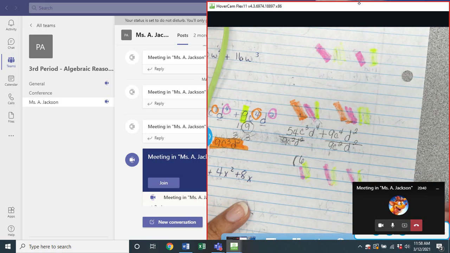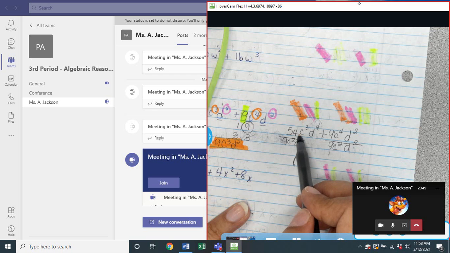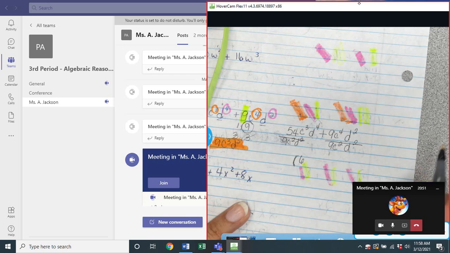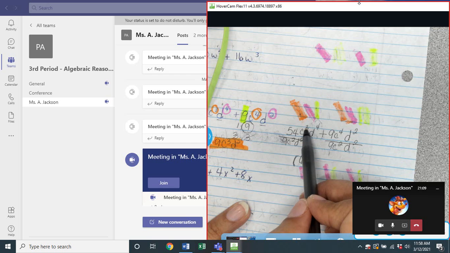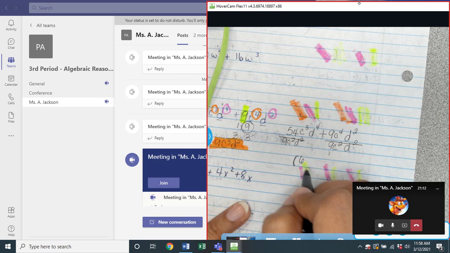Now, on C, if I have C to the power of 2 or C3, what is my C? So I have 3 minus 2, what do I have? You take 3 minus 2.